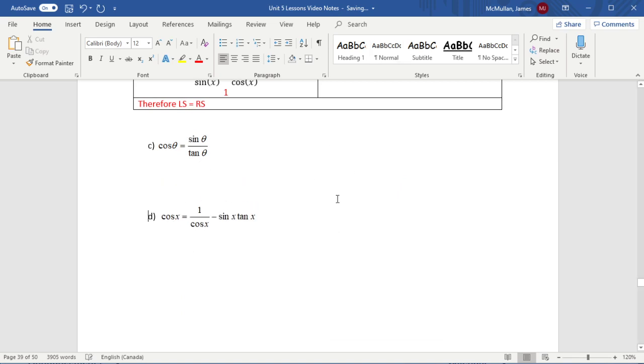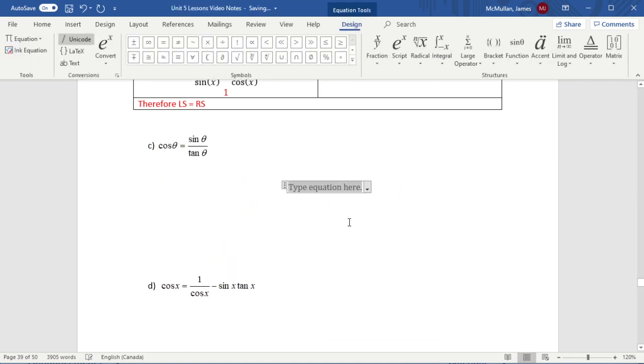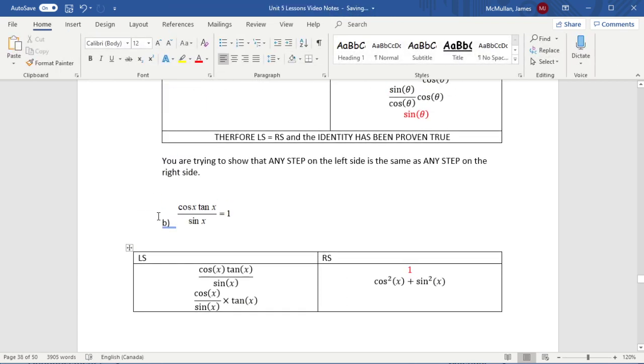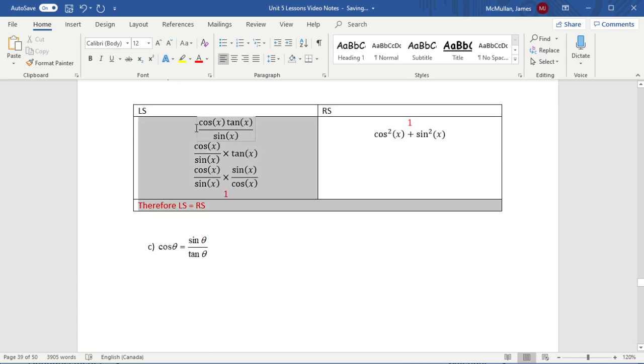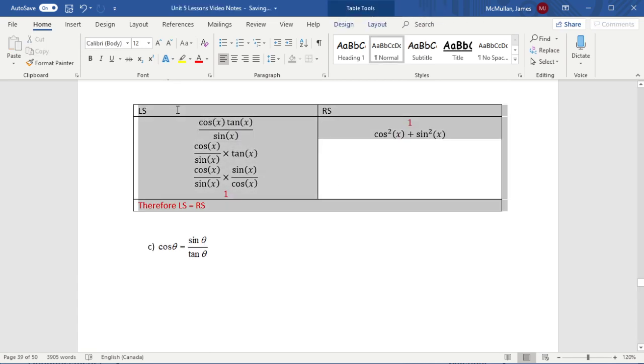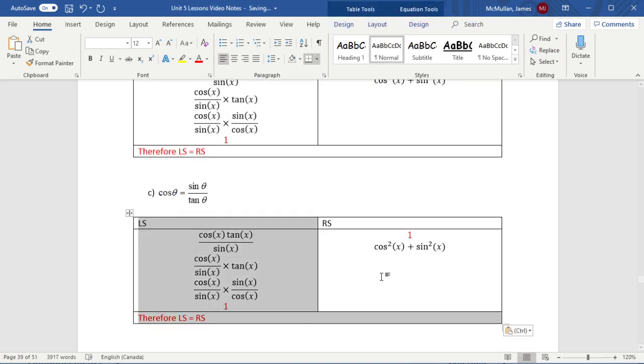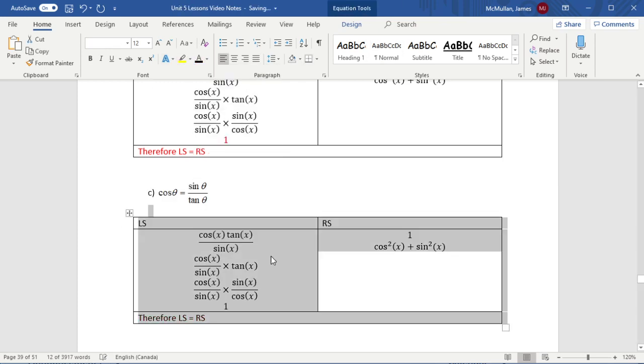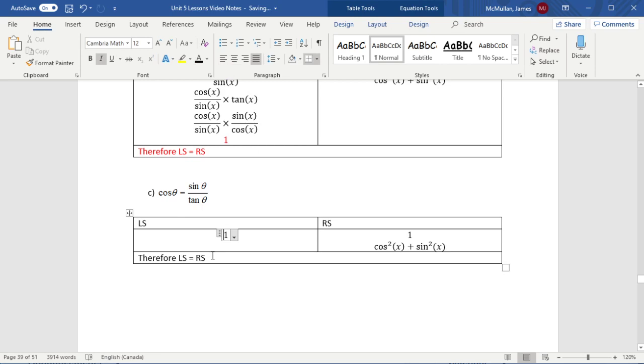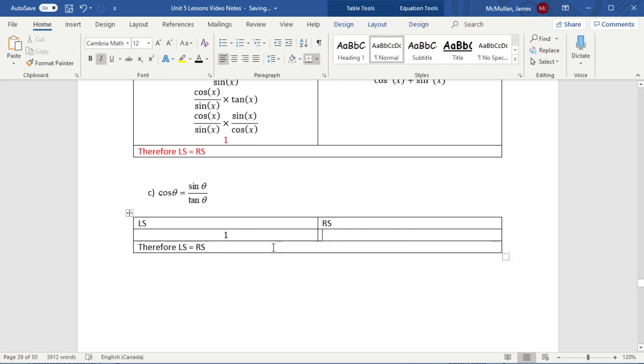A couple more identities to try. Cos equals sine over tan. Okay, again, let me set up my proof table. Okay, on the left side, I have cos theta.